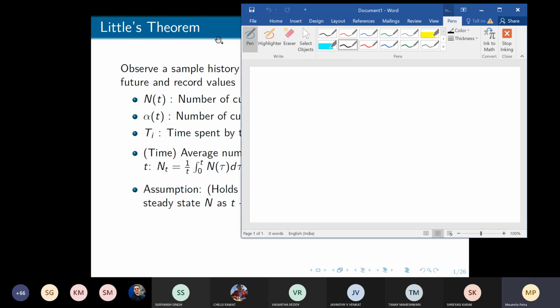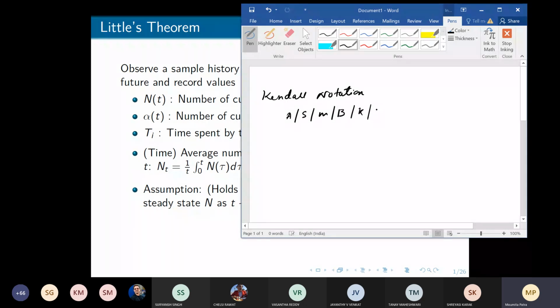So we were talking about the Kendall notation. We had all these distributions. First is the arrival time distribution, then the service time distribution, then the number of servers, then the system capacity, then the population size, and finally the scheduling discipline, which I am just putting as SD.